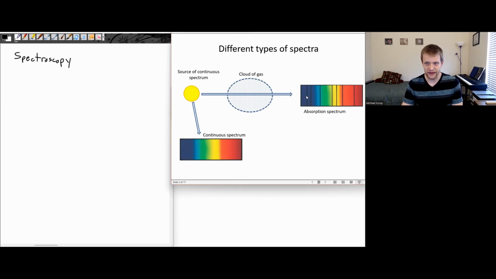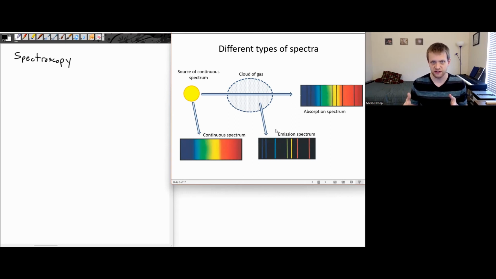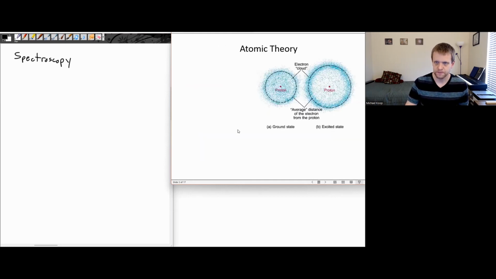If you look at this through a spectroscope, you're going to see a rainbow of colors, but it's missing a few dark bands. And those wavelengths of light that this cloud of gas absorbs, it's going to re-emit in different directions. We're going to talk about each of these kinds of spectra, how they're produced, and what the specific bands of colors of light tell us about these clouds of gas.